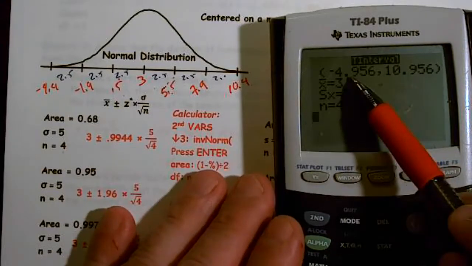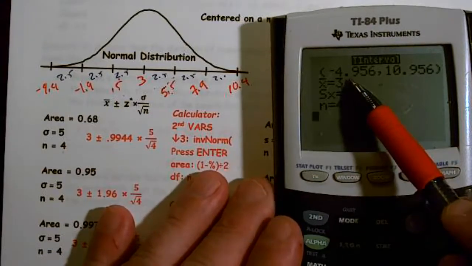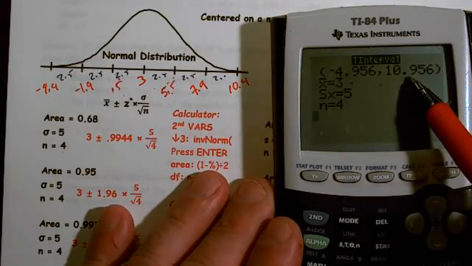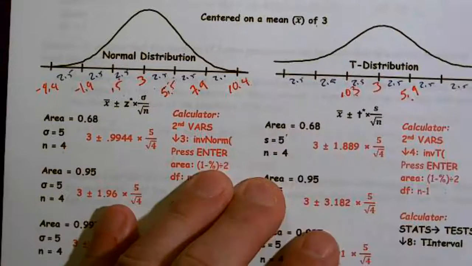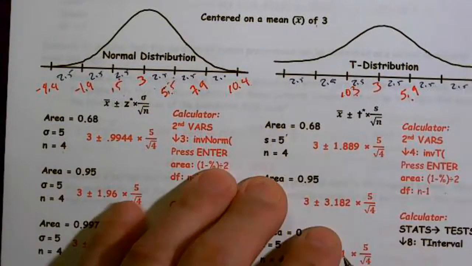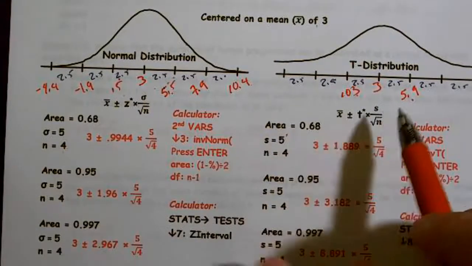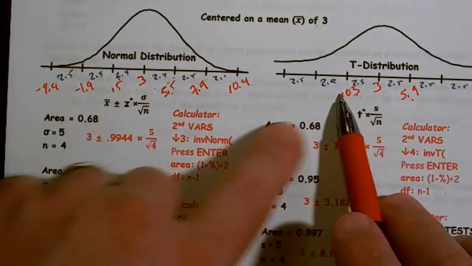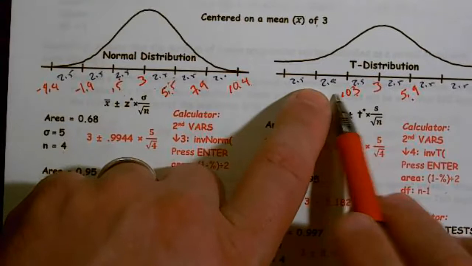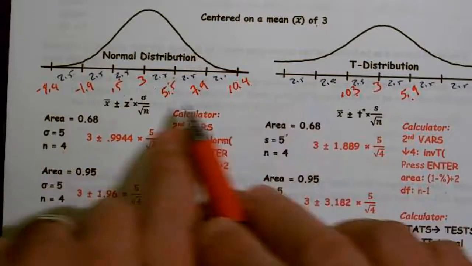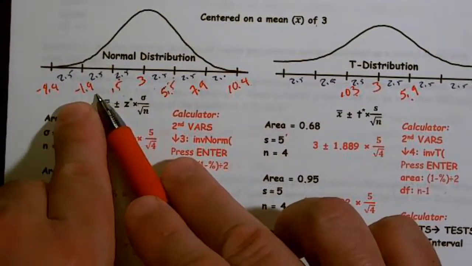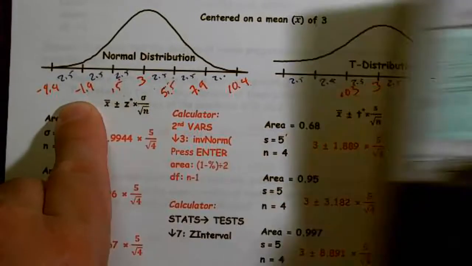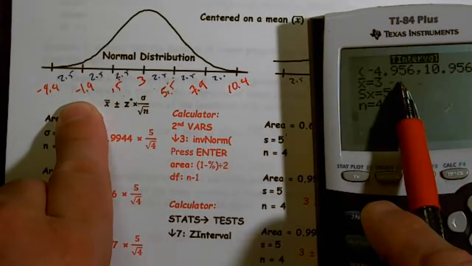Now keeping in mind, this is negative 4.95 and this is at 10.95. All right. So we have grown, because this is a long way out there, because this one was at negative 1.9 and now we're at negative 4.9.